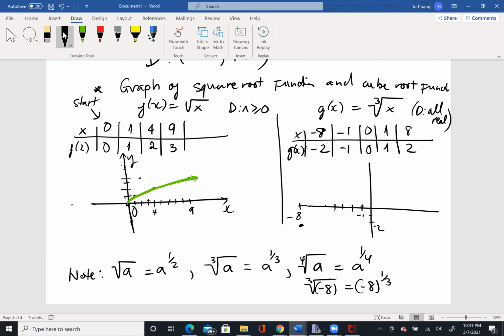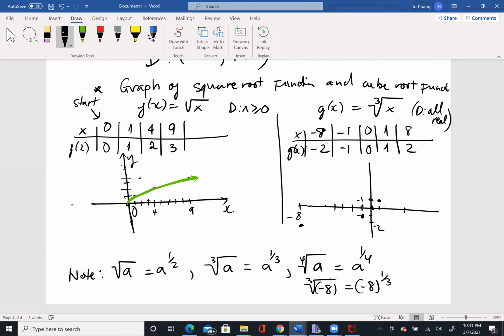Then negative 1 and negative 1 over here. 0, 0, go to this point. And 1, 1. And then 8, 2.